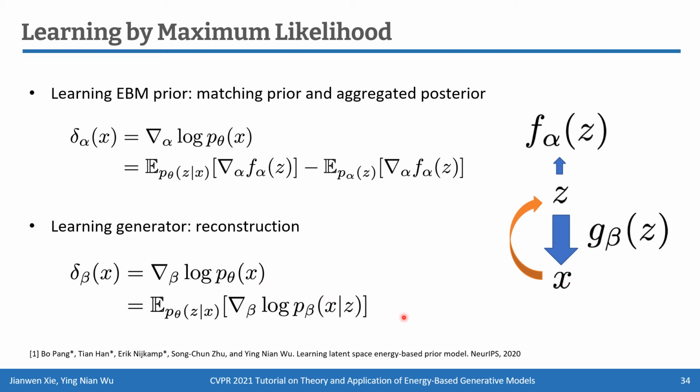It's just a reconstruction. After we infer this Z, we can then learn G to reconstruct X from this Z. And this arrow in the yellow color denotes the conditional distribution of Z given X, which is the posterior distribution.